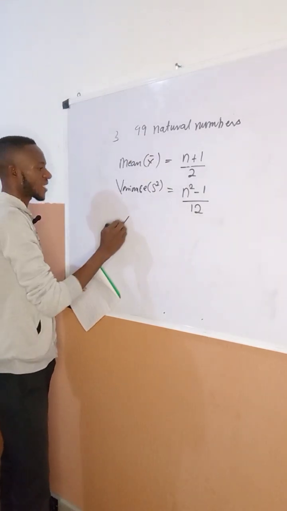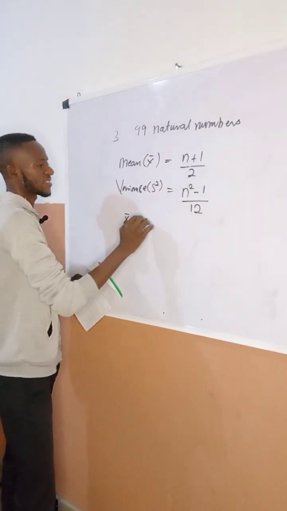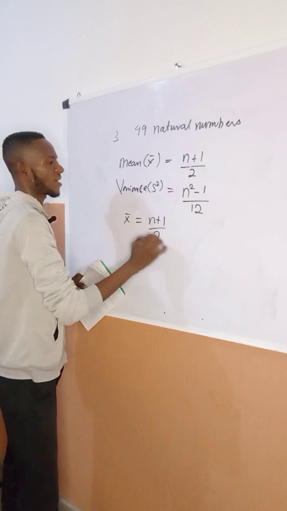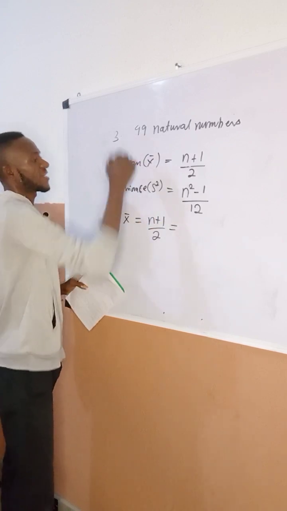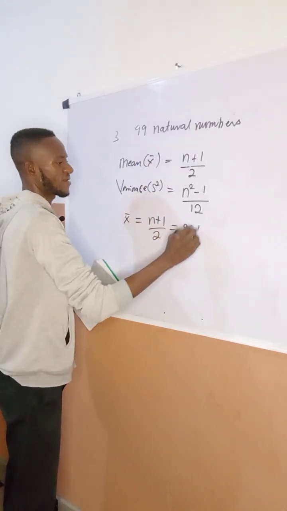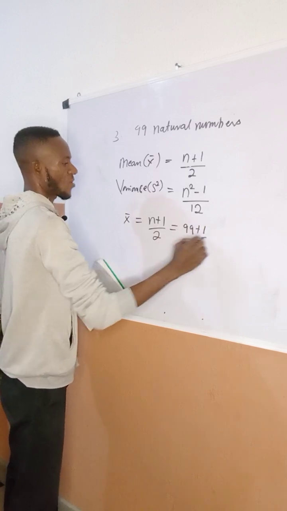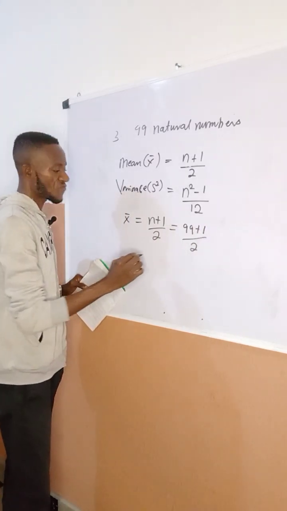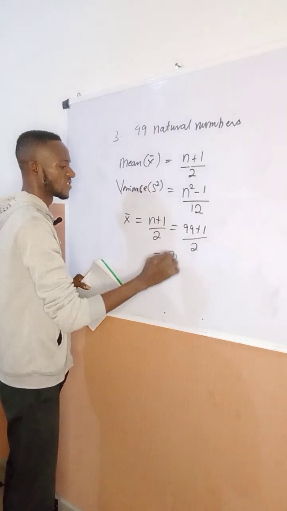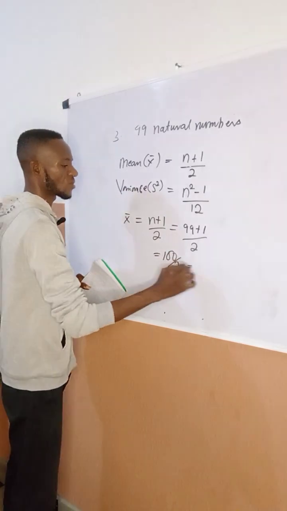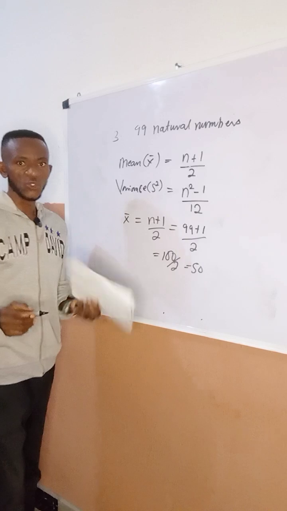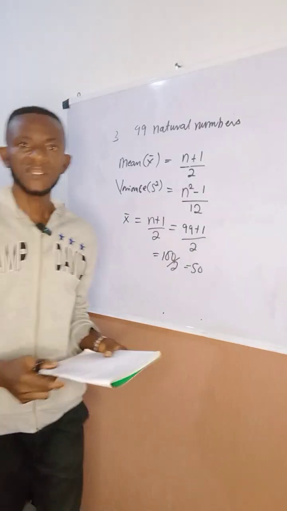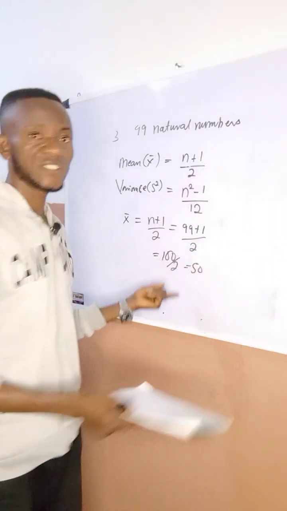So our x bar is given as n plus 1 all over 2. Our n is 99, so we have 99 plus 1 all over 2. 99 plus 1 is 100, and 100 all over 2 is 50. So the mean of the first 99 natural numbers is 50.